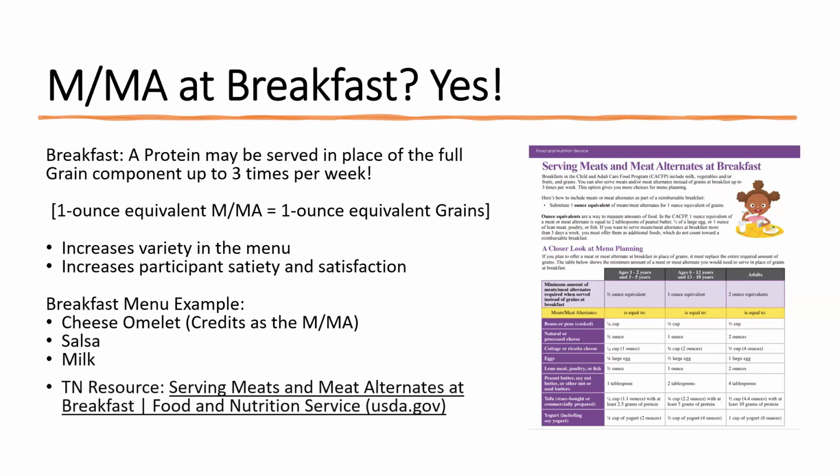So, for example, you serve a cheese omelet with fruit and milk. The omelet would credit as the meat or meat alternate, and then that may replace the entire grains component requirement. So you do not need to serve an additional grain for that meal to be reimbursable. And then as long as you serve 2 other food components, the vegetable or fruit and milk, you have met that requirement.